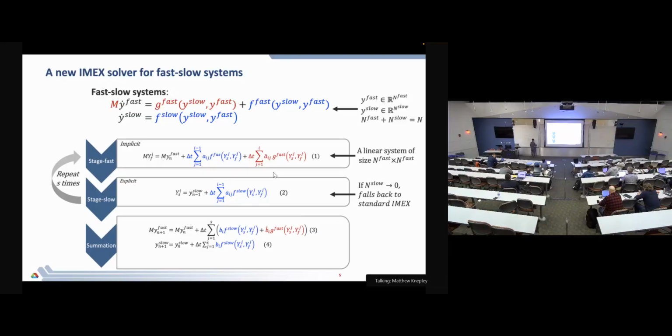One heuristic is if your right-hand side is split into a linear and a nonlinear part, that would give you G and F. Yes. So we want to linearize the right-hand side for the faster components, so that we can avoid solving a nonlinear system.